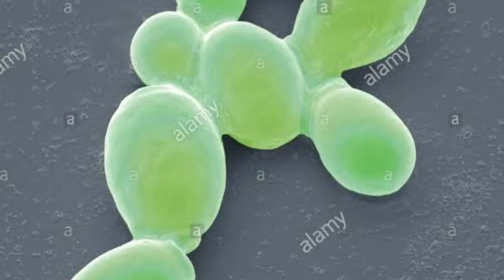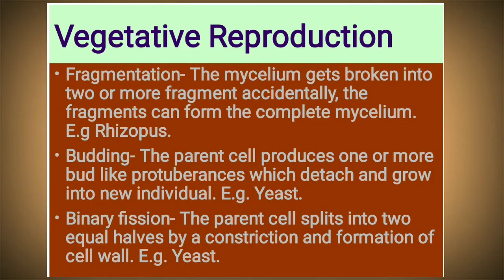Therefore, it is said that it develops a bud-like protuberance. Protuberance means outgrowth, and it gets detached, separated. So this is the budding process, which is generally seen in the unicellular fungus called yeast.